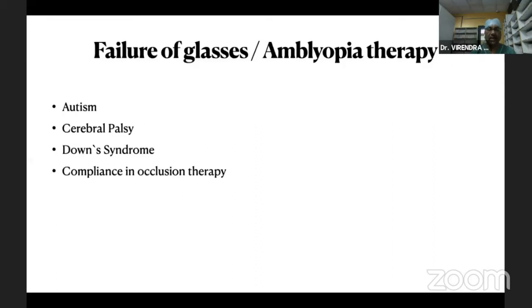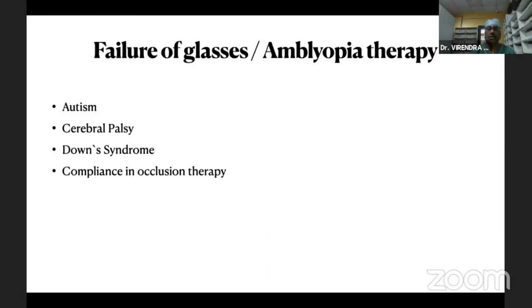And I still personally feel, and I think Dr. Shukla sir will also agree, that occlusion therapy is the mainstay of treatment for amblyopia, and the results are very, very good. Though there are differences, with people doing part-time or full-time occlusion, or occlusion by atropinization or something else, we are not going into that detail.